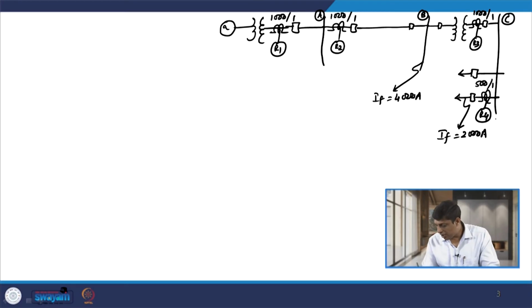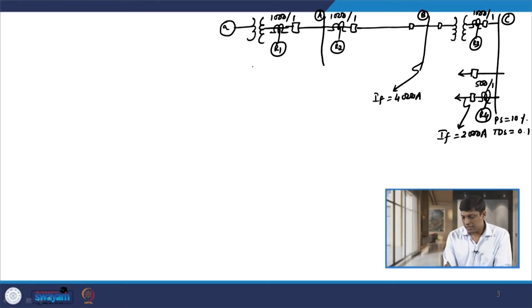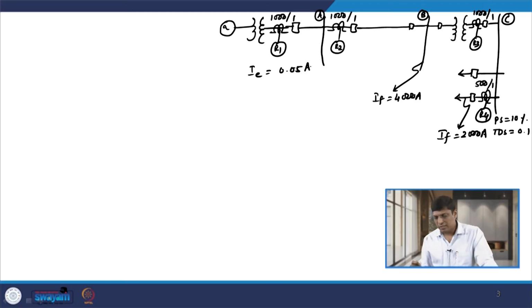The plug setting of relay R4 is given as 10%, and its TDS value is given as 0.1. The excitation current of each line CT is given as 0.05 ampere, and you need to calculate the value of plug setting and time dial setting of the three relays R1, R2 and R3. So, with this background let us solve.